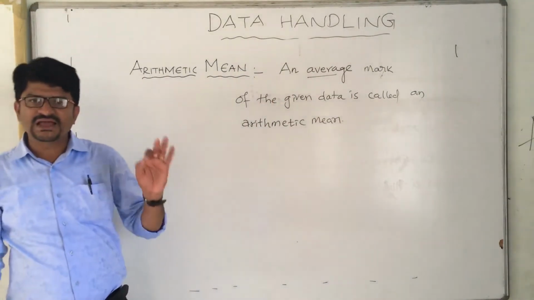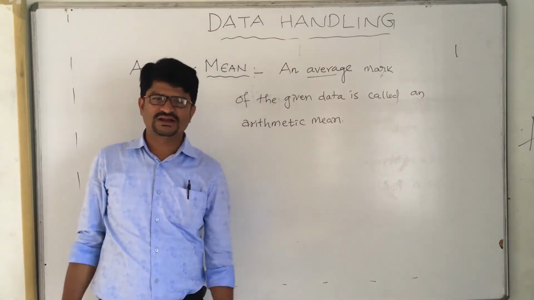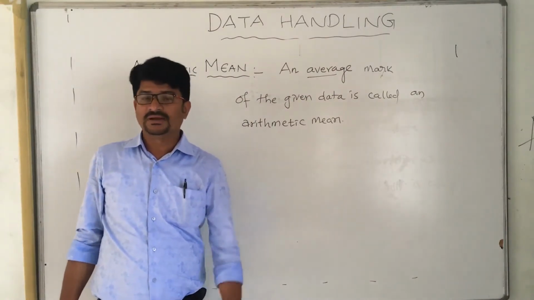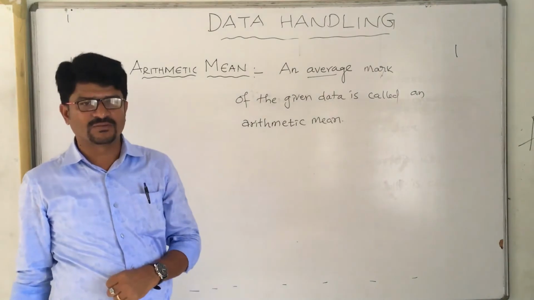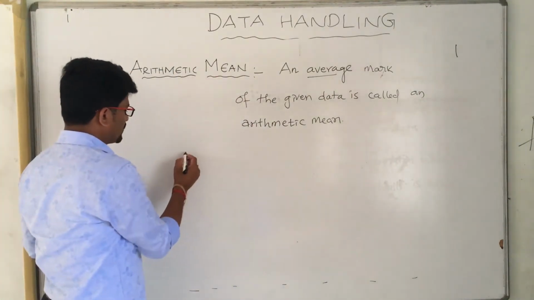What is an average? I think most of you know how to find an average. So, with the help of the average formula, we can give the formula for mean also. So, what is the formula for mean?